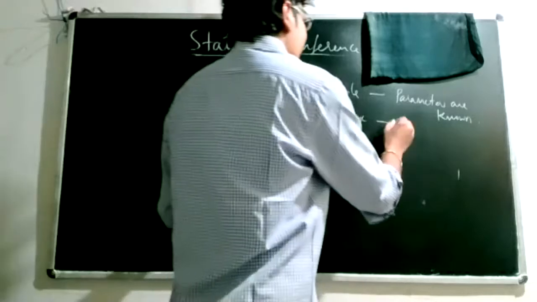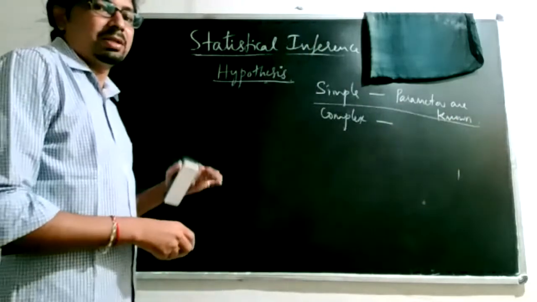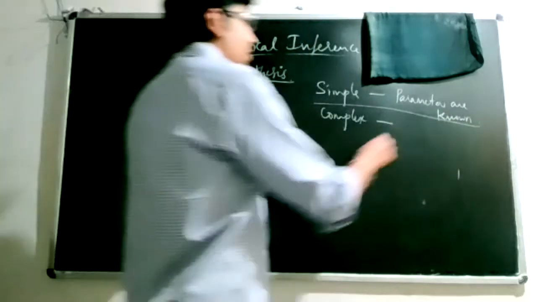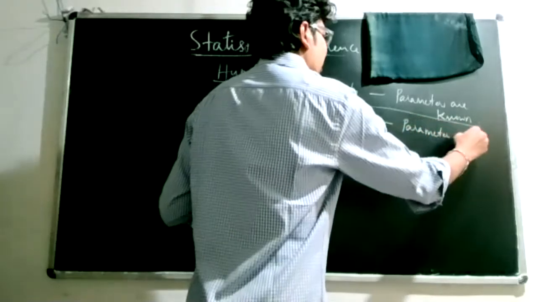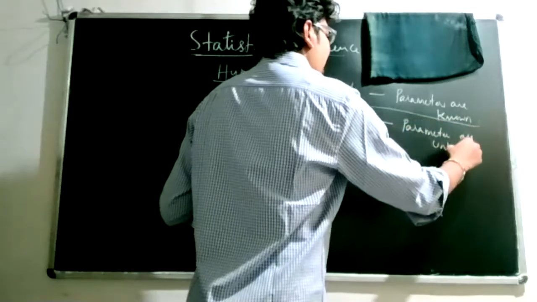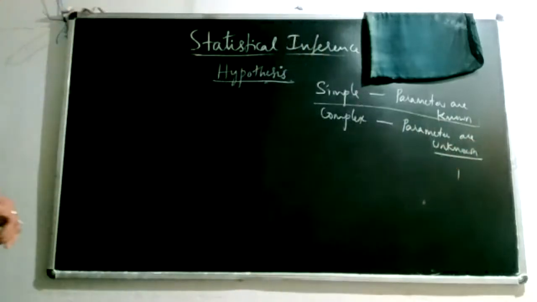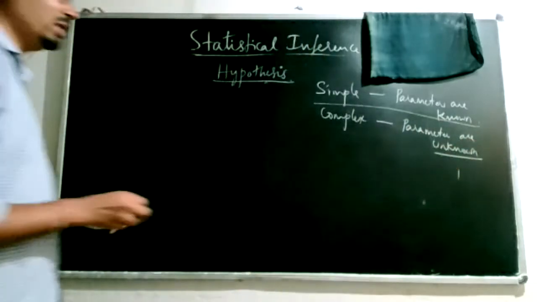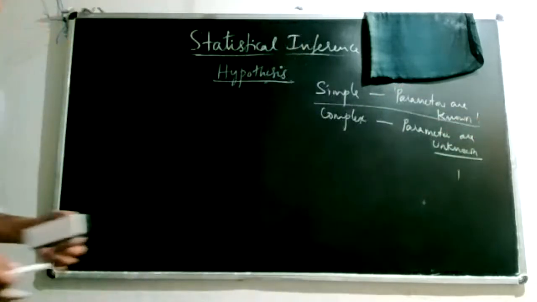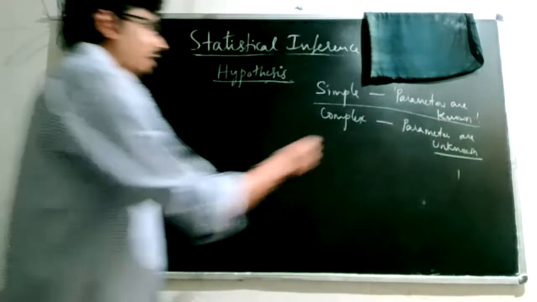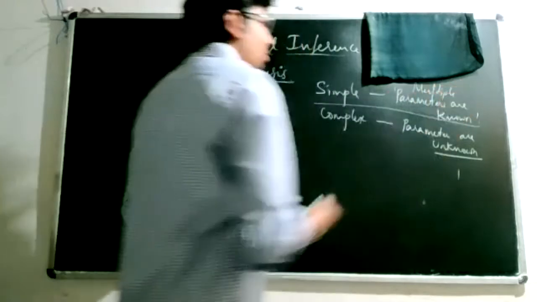In that case, the hypothesis concerned with those known parameters is called simple. If you have a set of parameters where certain values are unknown, then it becomes a complex hypothesis. Simple. So may I ask the question: when we know the parameter, why do we have to test it? So we are talking about the case of multiple parameters. You could have multiple parameters, some known, some unknown.